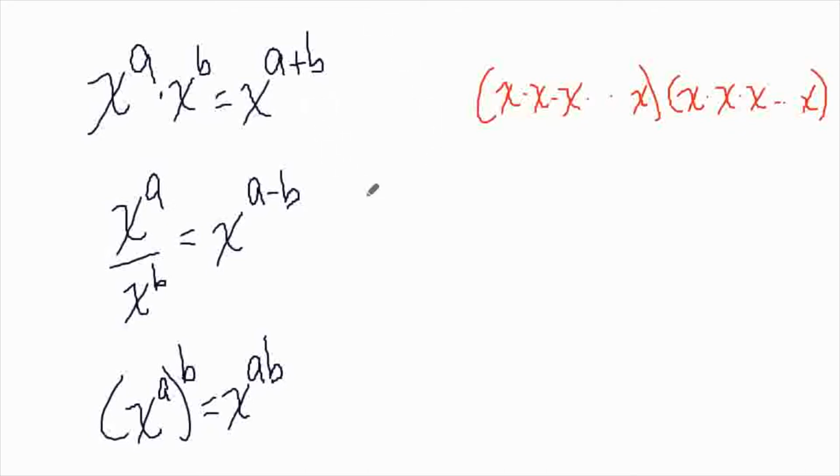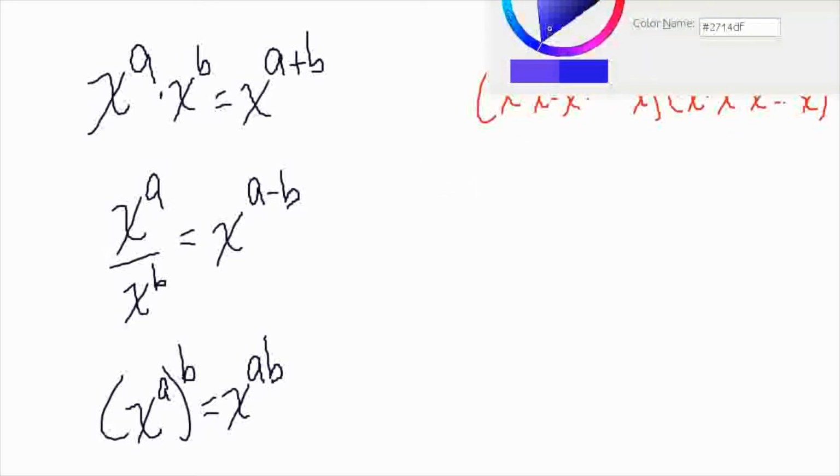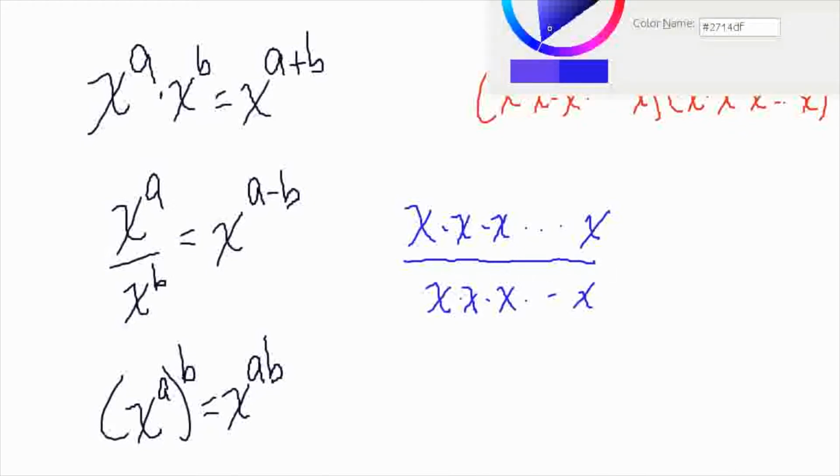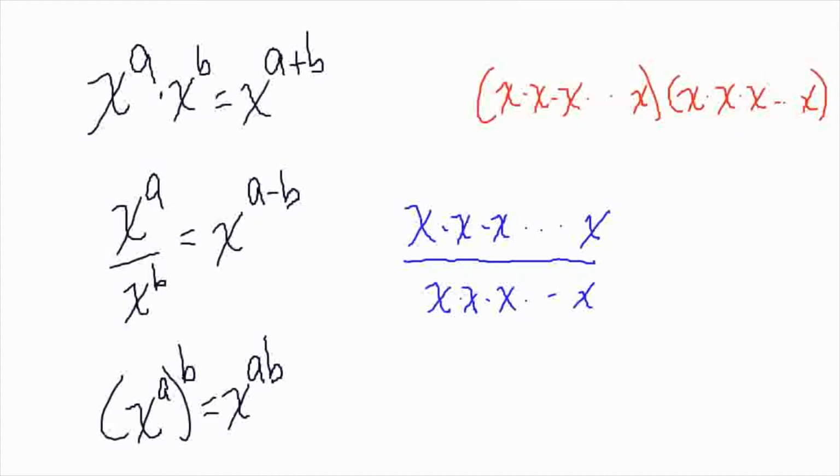Let's think about the quotient rule. For that one, you have a x's on top, and then on bottom you have b x's. You may recall from your algebra class that when you have factored forms on the top and bottom of a fraction, you can cancel like terms. So suppose that we went ahead and did that.